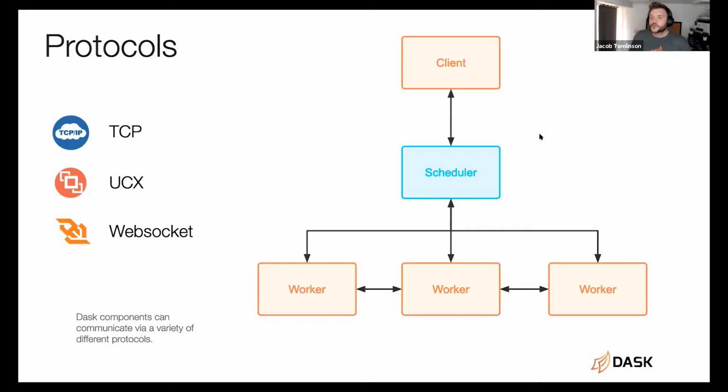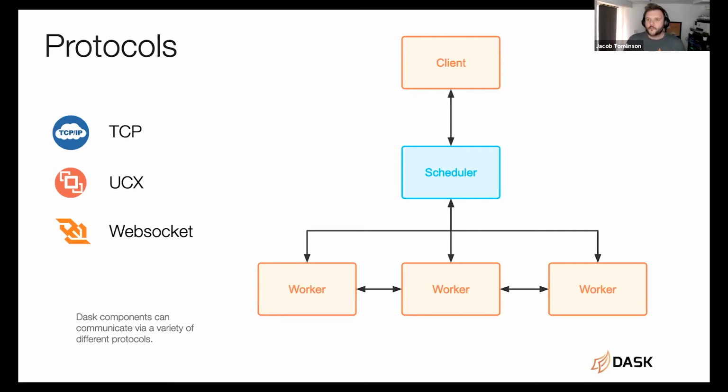Now, Dask also has support these days for more interesting protocols as well as TCP. So if you have some kind of interesting network infrastructure, maybe you have an InfiniBand network, or maybe you're using GPUs which are connected via NVLink, you can use UCX, which is another protocol. You use it exactly the same as TCP. You just do ucx:// and your IP address.